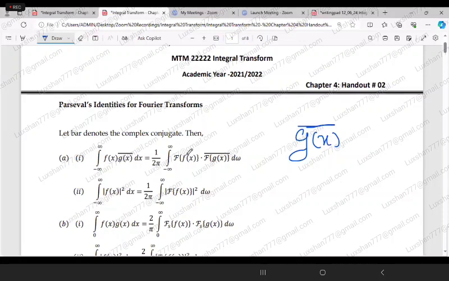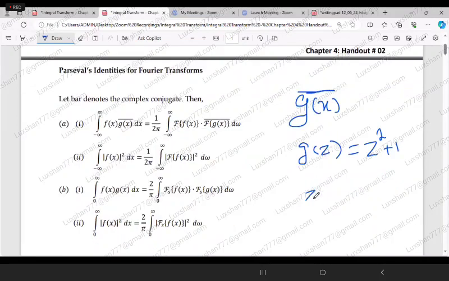Complex functions means, for example, your function g(z) may be z squared plus 1, where z is equal to x plus iy. This is a complex function.